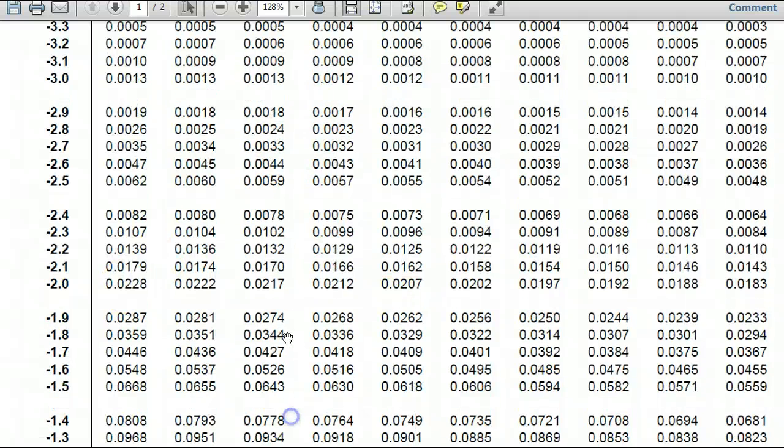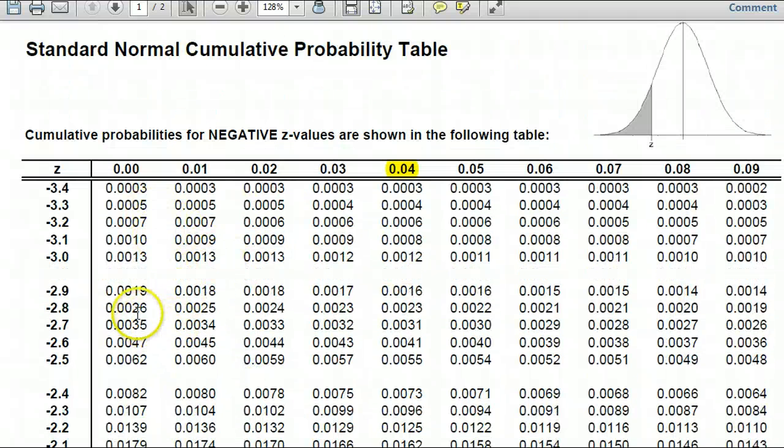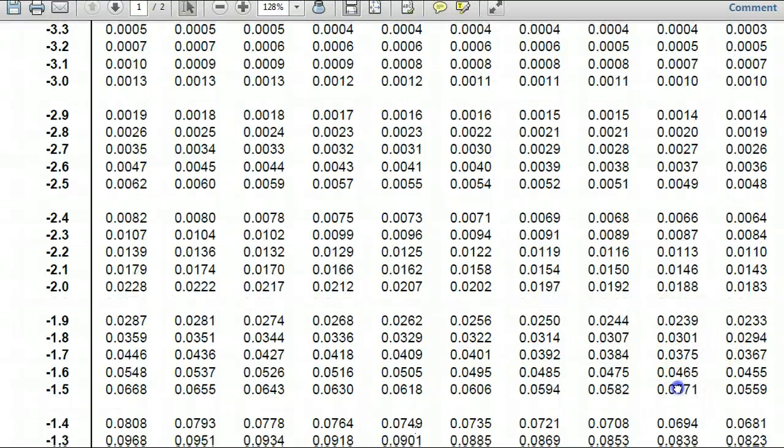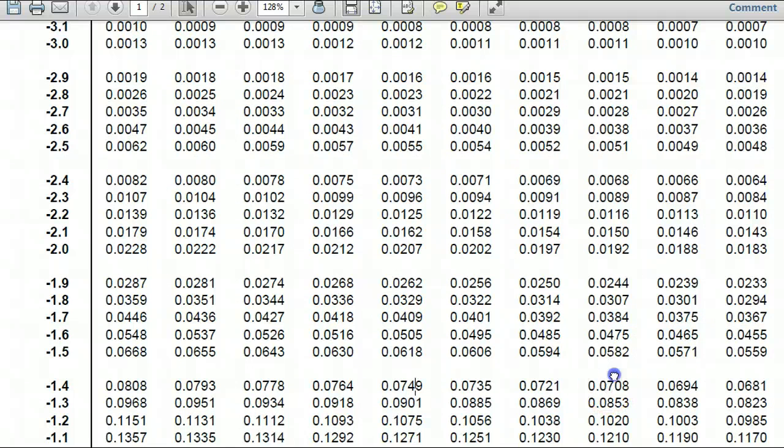Okay, let's see, so I got 0.0, 0.2, 0.3, here's 0.5.